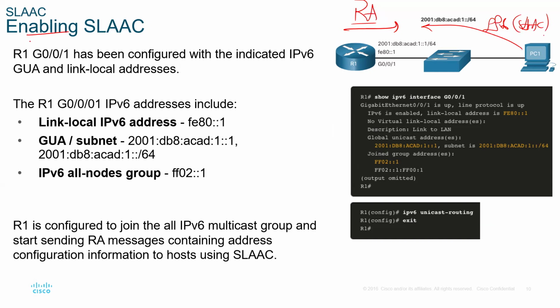It is enabled by default. The reason is because you just configure the IP addresses, the link local address and the GUA. So it's as simple as that. To enable SLAAC, just configure addresses on the interface. Then that router will start acting as a SLAAC enabled router.